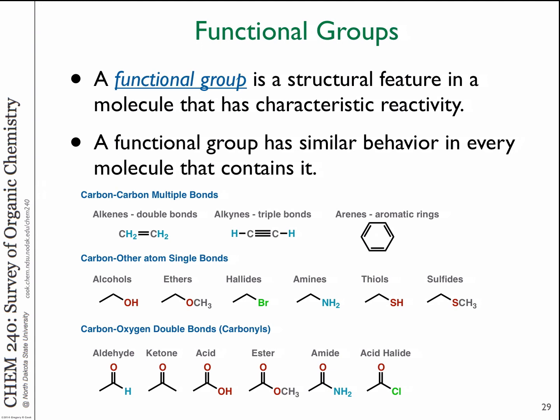For organic molecules, here are some classes of functional groups. When we don't have just single bonds, when we have pi bonds in the molecule, pi bonds give rise to greater reactivity. Taken together, trying to break a C=C double bond is harder than breaking a single bond.